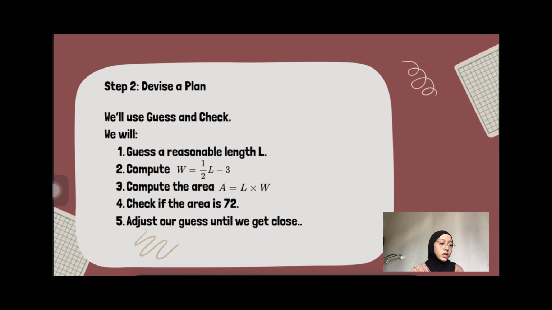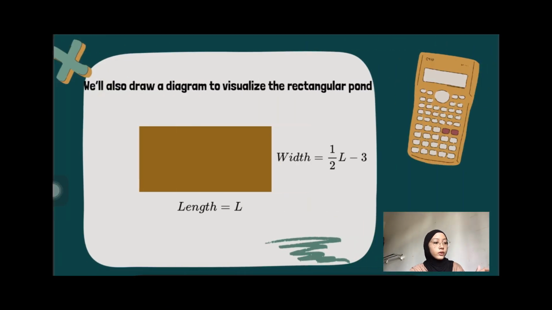Fourth, check if the area is 72 square meters and adjust our guess until we get close. We also draw a diagram to visualize the rectangular pond, where the width is 1/2 length minus 3 and the length is L.